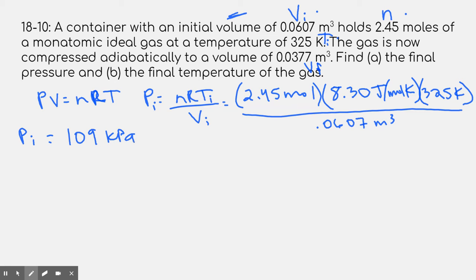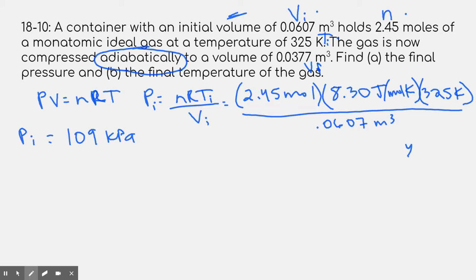All right. Since we now have that, we can use the fact that this is an adiabatic process in order to solve for the final pressure. In the concept video, we discussed that an adiabatic process is going to have an extra little symbol, this gamma.